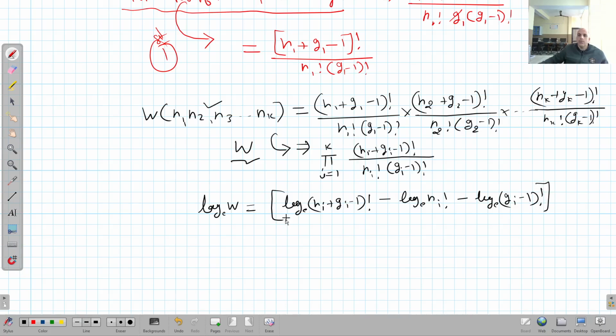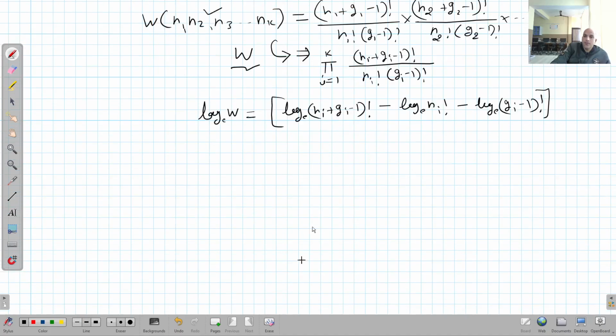When I took the log on both the sides, as Ni and Gi both are big numbers, so now I'm going to use the Stirling formula. Clear? So according to Stirling formula, log of n factorial is equal to n log n minus n, right? So it is going to be applied in all these three relations.